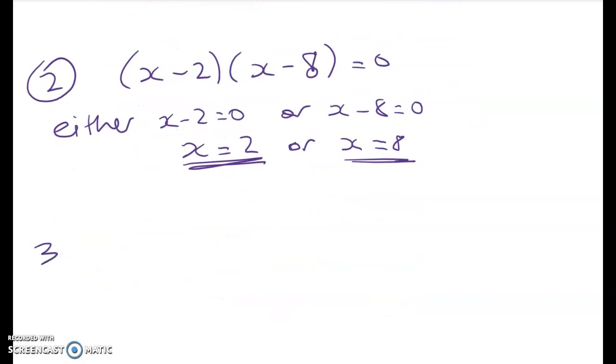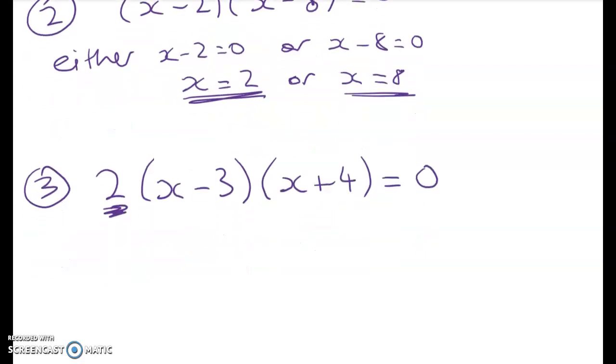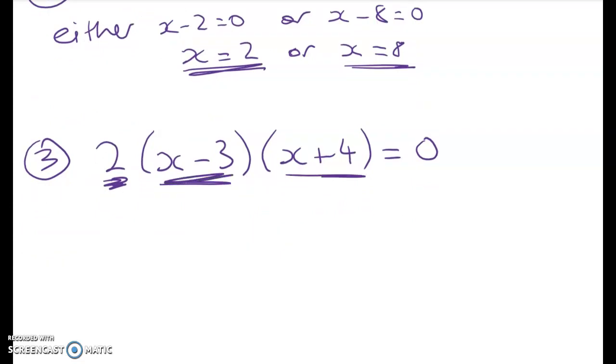So a small extension to that is if we've factorized an expression into 3 factors. This is where we've got a common factor in our terms that's a constant, right? So we've got 2 times x minus 3 times x plus 4 equals 0. So we know that this factor, 2, can never equal 0.